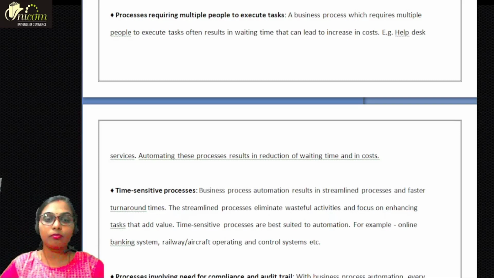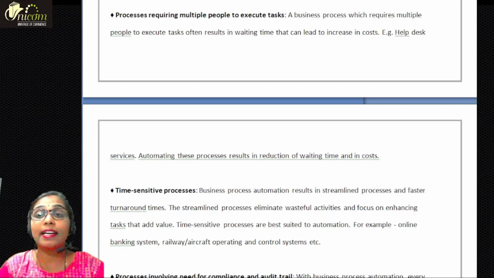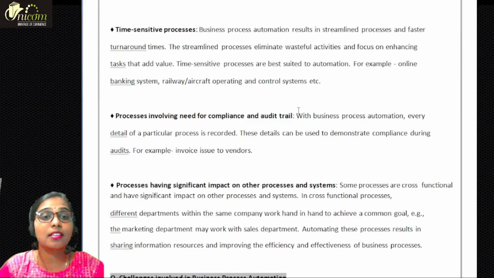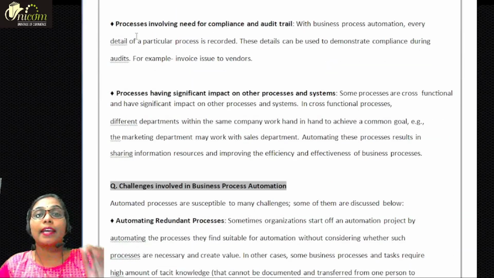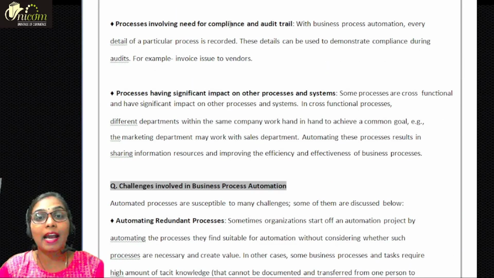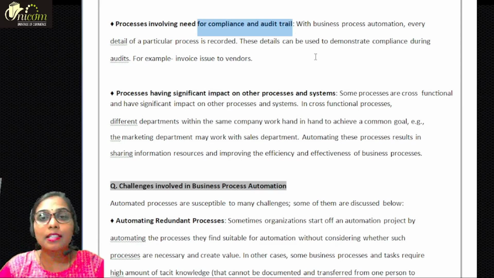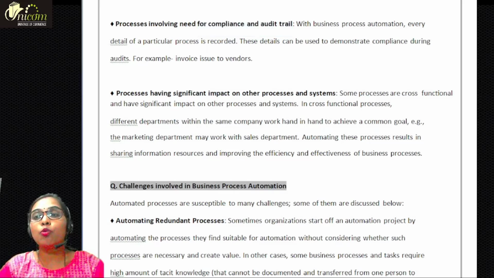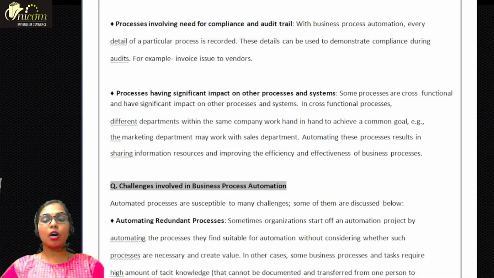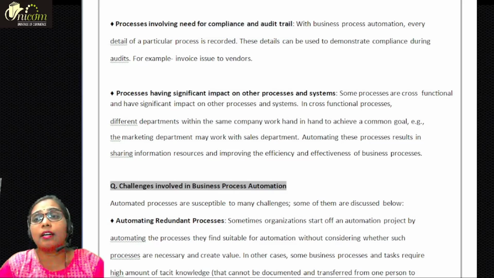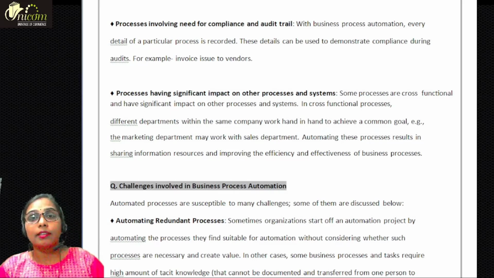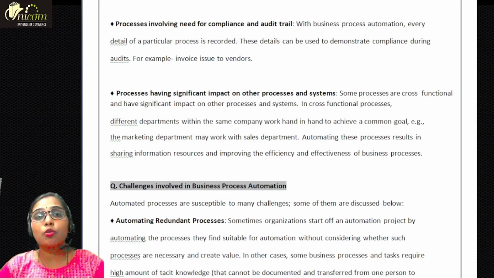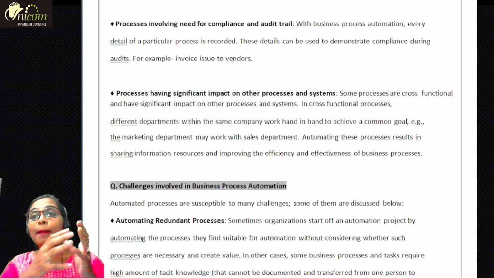Okay, the next process where it can be automated is processes involving a need for compliance and audit trail. What happens in this process? For example, you have gone to a big departmental store or a DMart store and you want to buy many products.